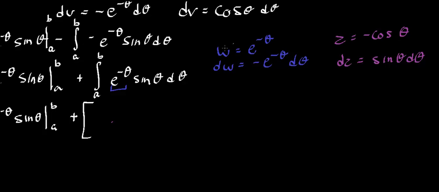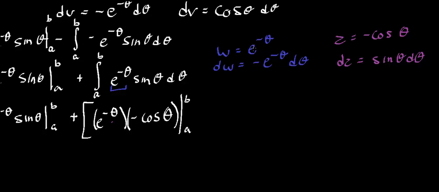So plus w times z, well, that's just e to the minus theta times negative cosine of theta, and that's evaluated from a to b, right?